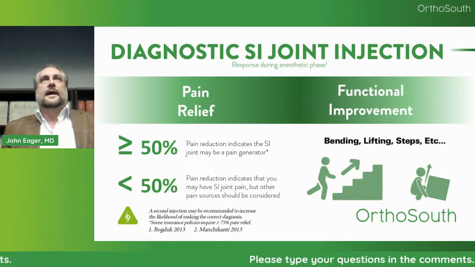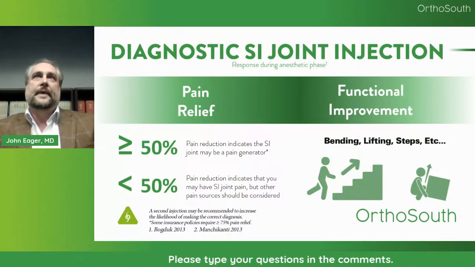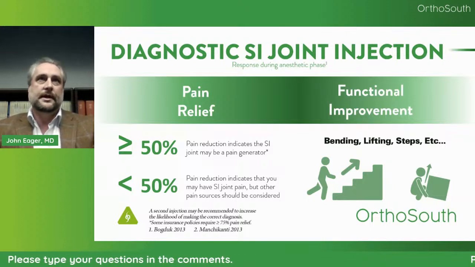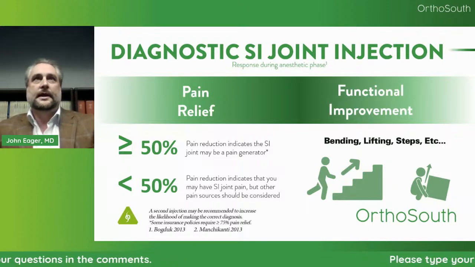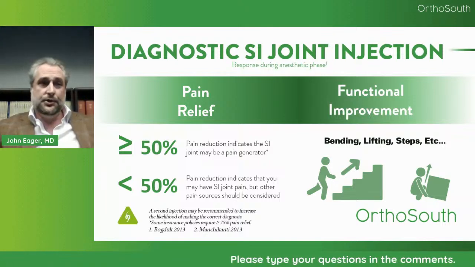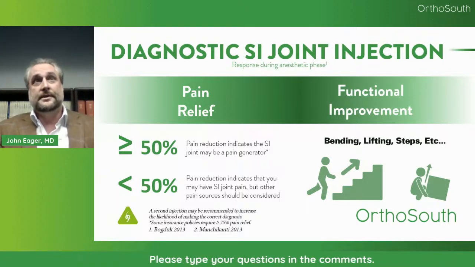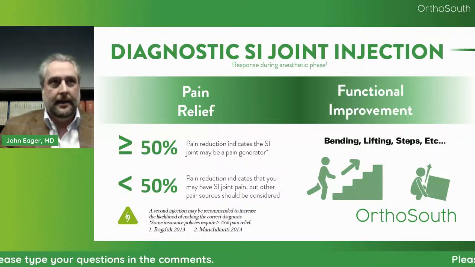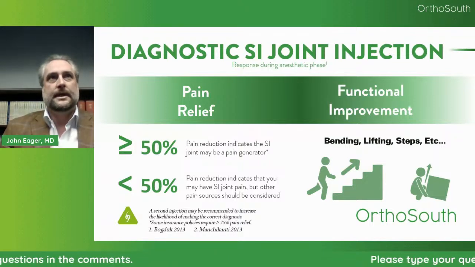So the diagnostic SI joint injection: pain relief and functional improvement. Greater than 50% pain reduction can indicate the SI joint may be a pain generator. Typically, I like to see majority relief, greater than 50%, greater than 60, 75% ideally. Again, pain is subjective.